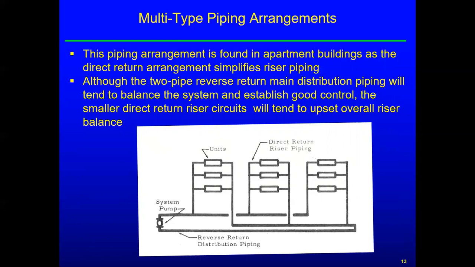But the two-pipe reverse return main distribution piping tends to balance the overall distribution between the risers, and that's a good thing. It makes it easier on the test and balancing guy. You don't have to crank the balance valve shut as much, etc. So that's a little more discussion on that.